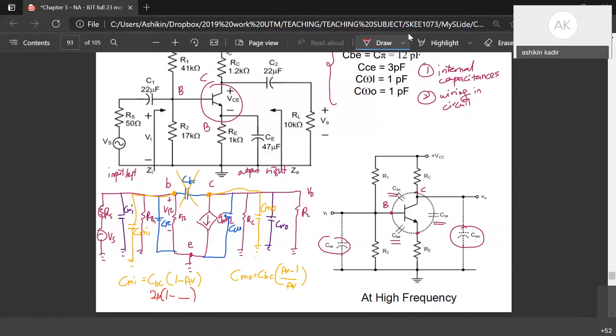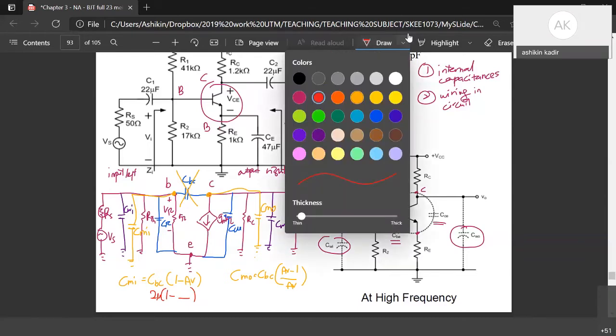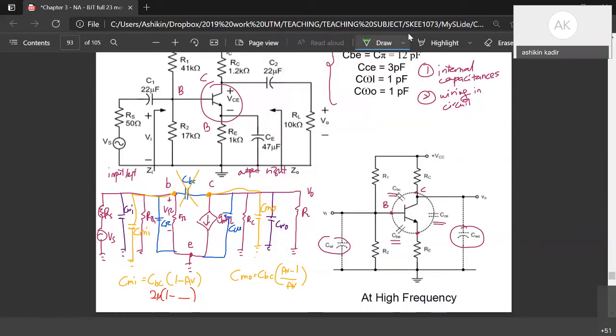Alright, so here what happened is that from this serabut, from the too many capacitors over here, if you see at the input part here, because the circuit at B and C is no longer connected, you can see that actually your capacitors CWI, CMI, and also C pi are parallel.